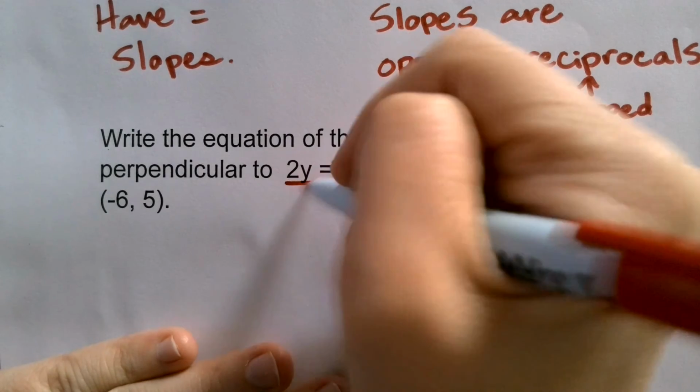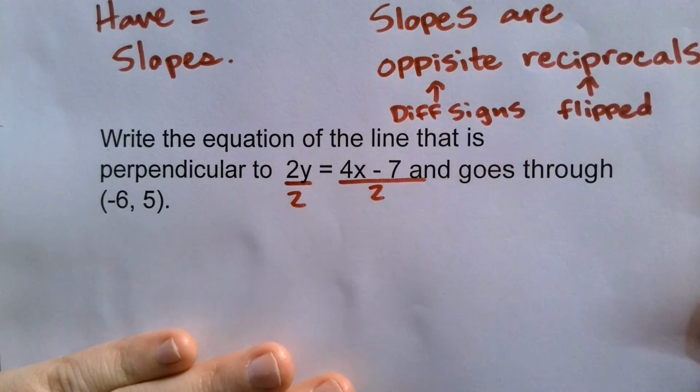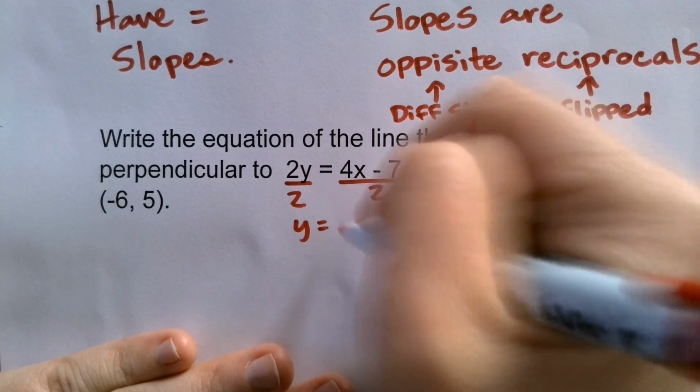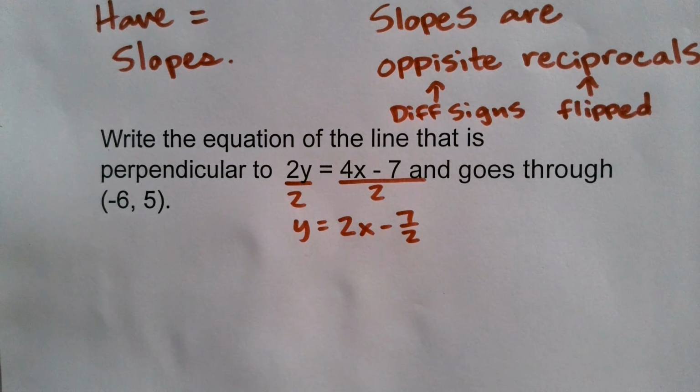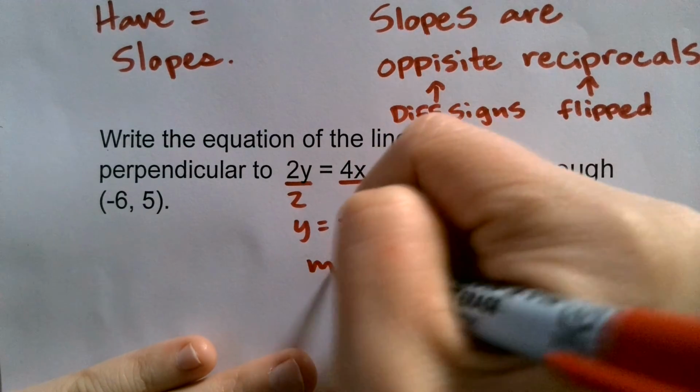Yeah, we want to get that y by itself, because once I divide by 2, I've got y equals 2x minus 7 halves. Once I divide by 2, now can I tell what the slope is? Yes. Yeah. So the slope of this one is just going to be 2.